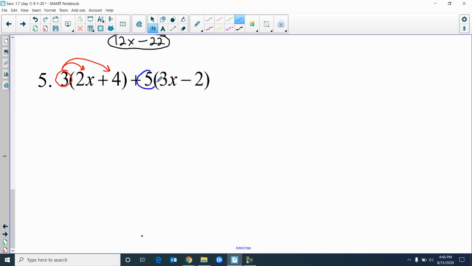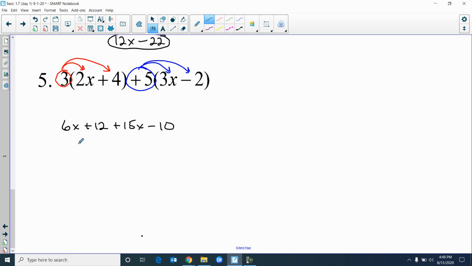The +5, think of that as +5, will distribute to the 3x and the -2. 3 times 2x is 6x. 3 times 4 is +12. 5 times 3x is +15x. 5 times -2 is -10.